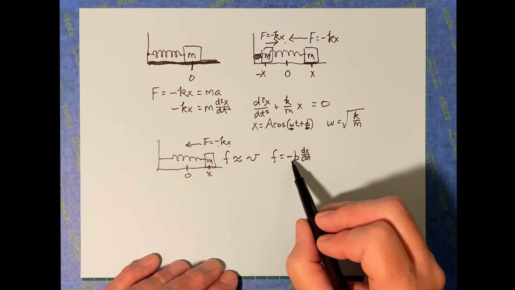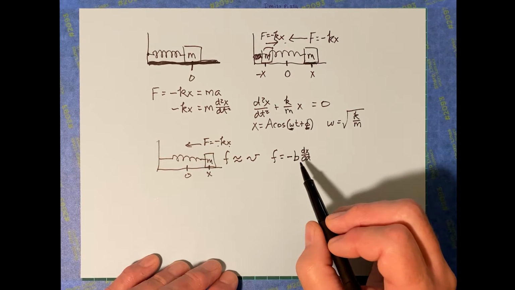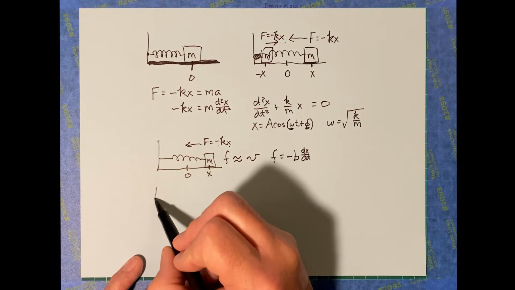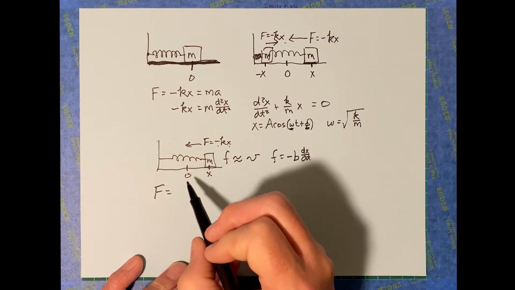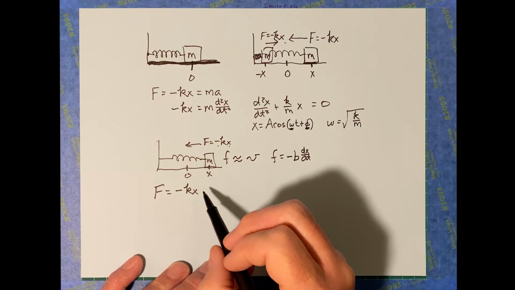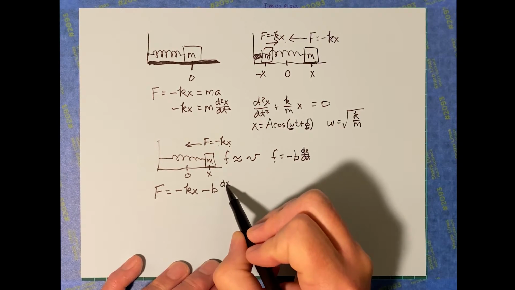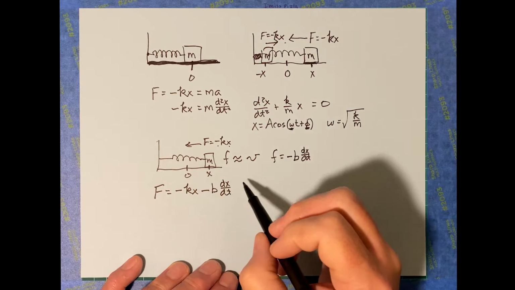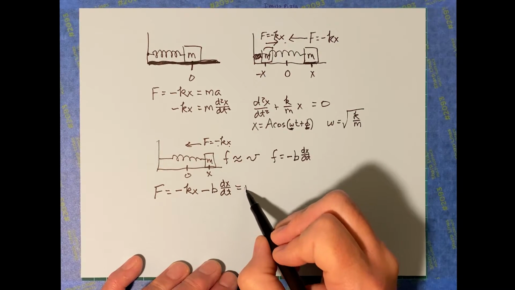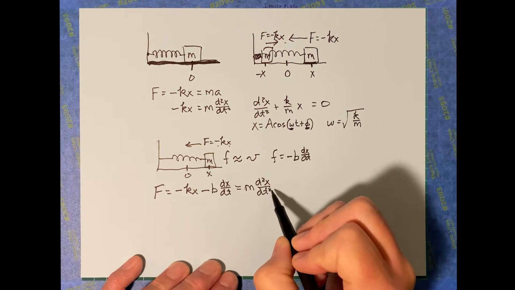And the negative sign is there just to indicate that this frictional force is in the opposite direction from the velocity. All right, so now the force that's acting upon the spring is going to be minus kx, but it's also going to be minus b dx dt, and that's equal to mass times acceleration, which is mass d squared x dt squared.